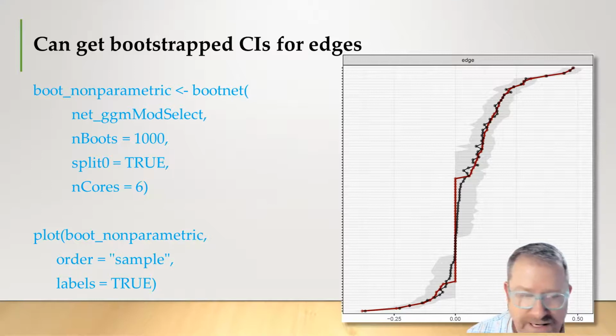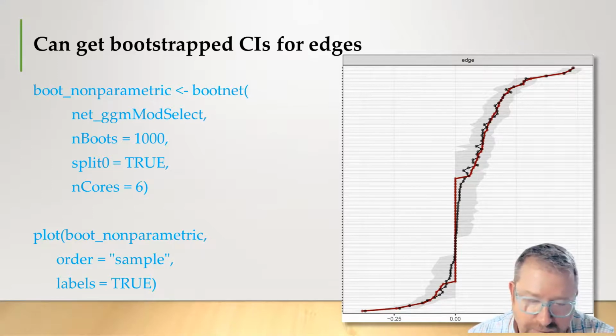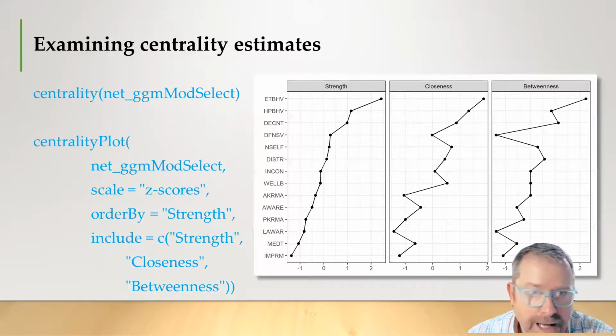And there are probably even more differences. In fact, you can get another plot I didn't show you that tells you which edge weights are significantly different from which others. You can also look at the centrality.